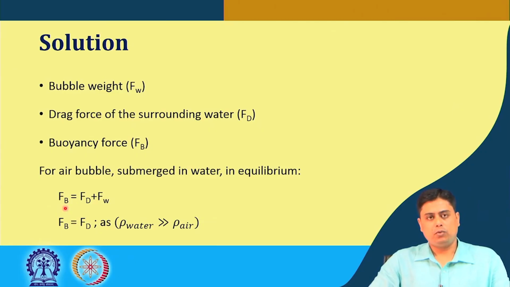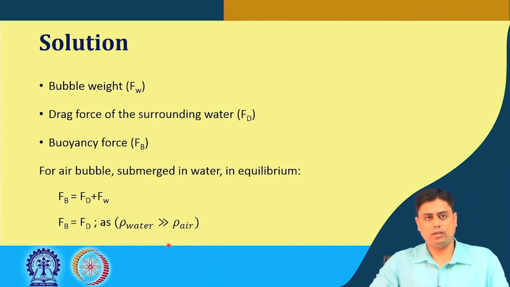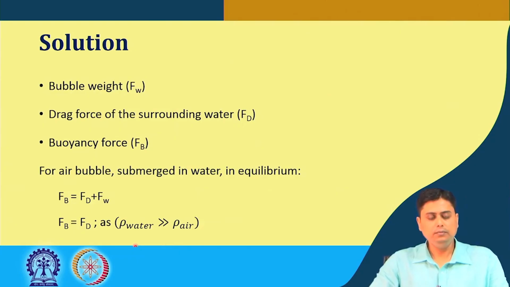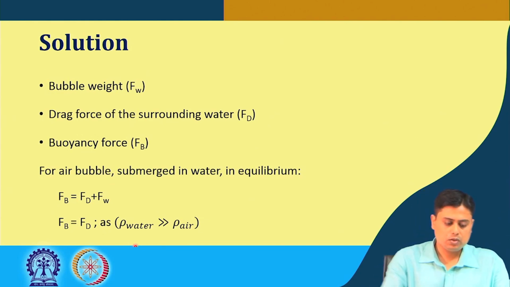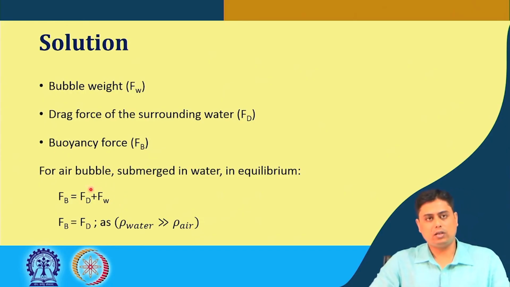The density of water is in the range of 10 to the power 3, or 1000 kg per meter cube, whereas air is in the order of 1 or 1.2 kg per meter cube. So we can safely neglect the weight of the air bubble, which means the buoyancy force and drag force are in balance at equilibrium.